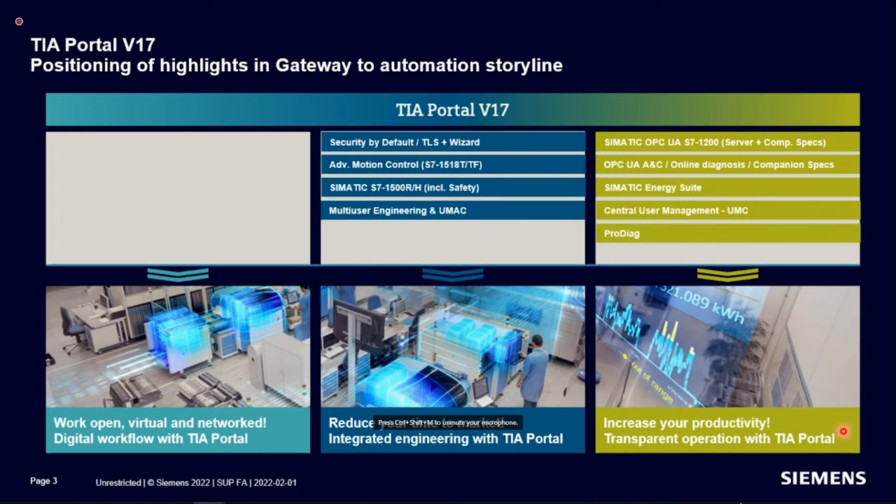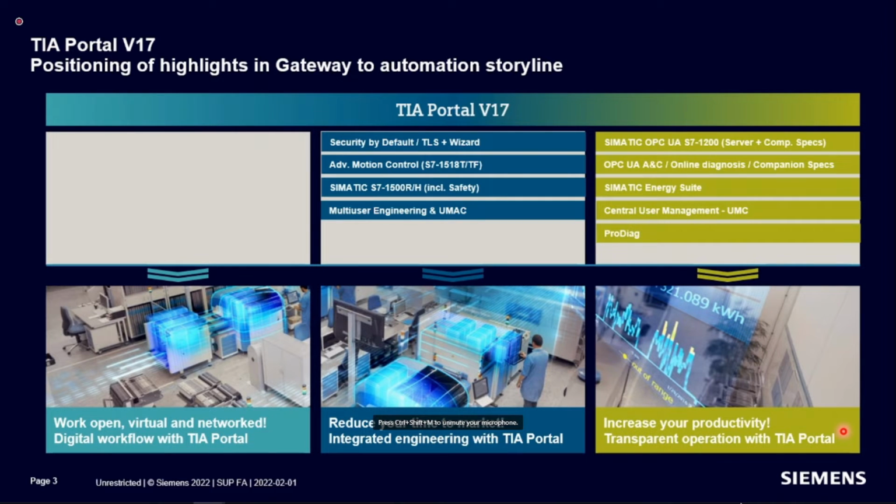Multiuser and also UMAC: multiuser engineering has been developing every year from version 15.1 onwards. In the first phase it was only multiuser engineering, then it came up with software units, then it came up with exclusive engineering.